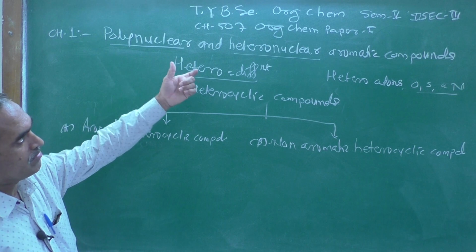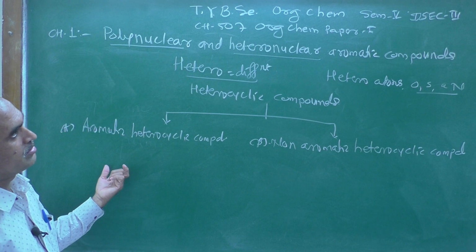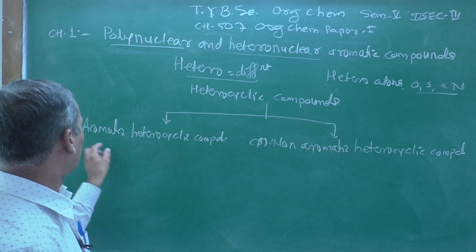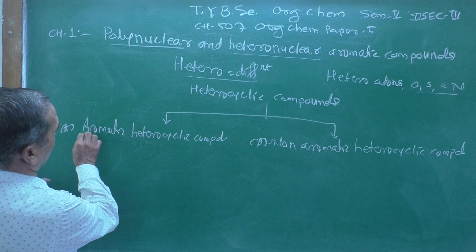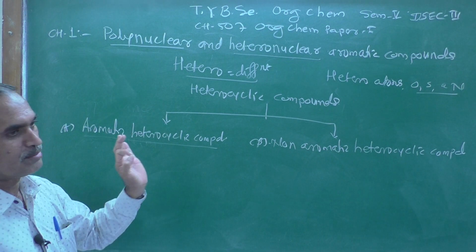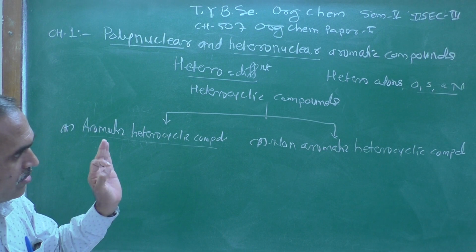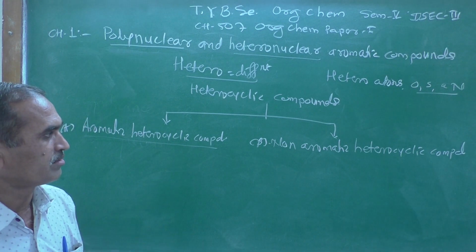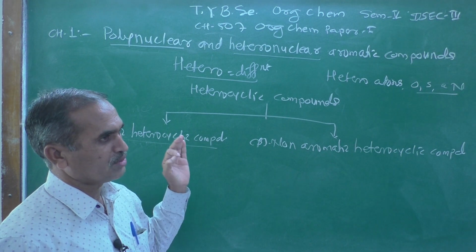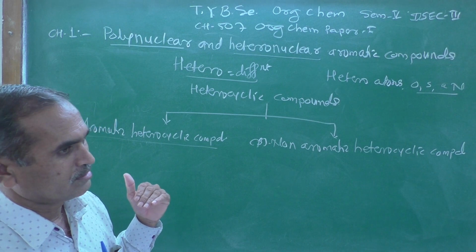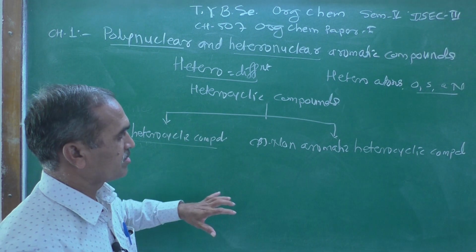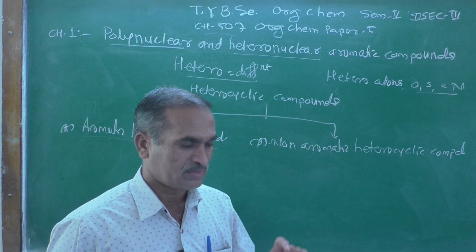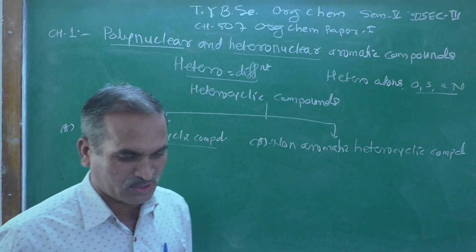Our object here is to study the heteronuclear aromatic compounds. In this chapter at T.Y.B.Sc level we are going to focus only on aromatic heterocyclic compounds, and non-aromatic ones we are not going to study, but just for convenience you should remember the additional information. The aromatic compound shows aromatic character and obeys Huckel's rule.